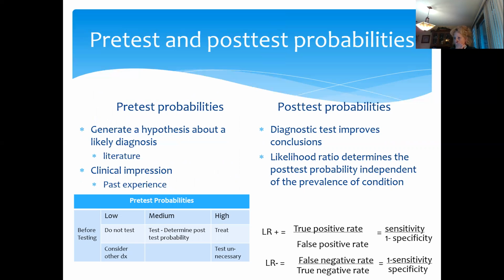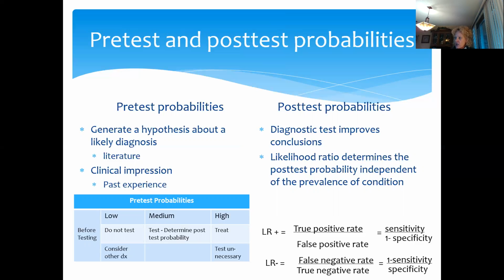So the other thing to just keep in mind is the likelihood ratio tells us how much more likely it is that a person has the diagnosis after the test is done. It's a post-test probability, and it indicates the value of the test for increasing our certainty about a diagnosis.